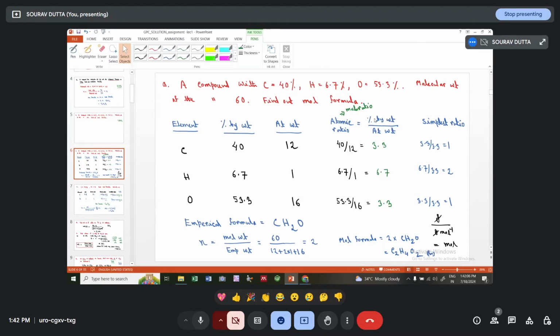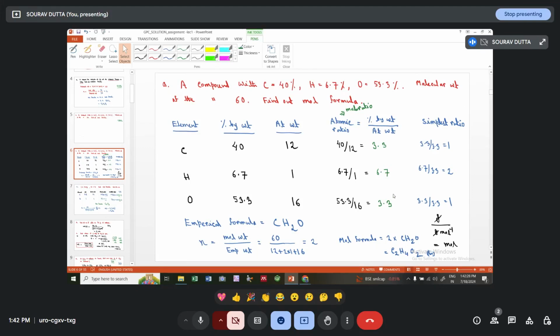So how can we calculate the atomic ratio? That is percentage by weight divided by atomic weight. 40 divided by 12 equals 3.3. 6.7 divided by 1 is 6.7, and 53.3 divided by 16 is 3.3. So the ratio has been found, but this is not the simplest ratio, it is a fraction.